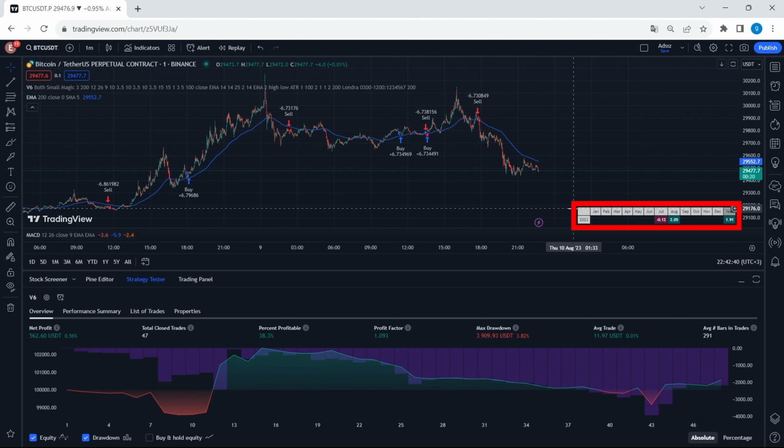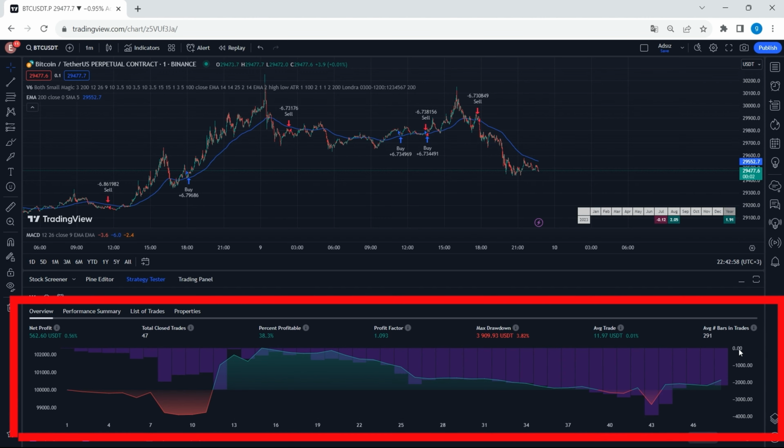What are we going to look at now when reviewing the results? The bottom right is the table I prepared that shows what percentage profit or loss we have made on both a monthly and annual basis. In TradingView's own chart below, we'll look at the results.